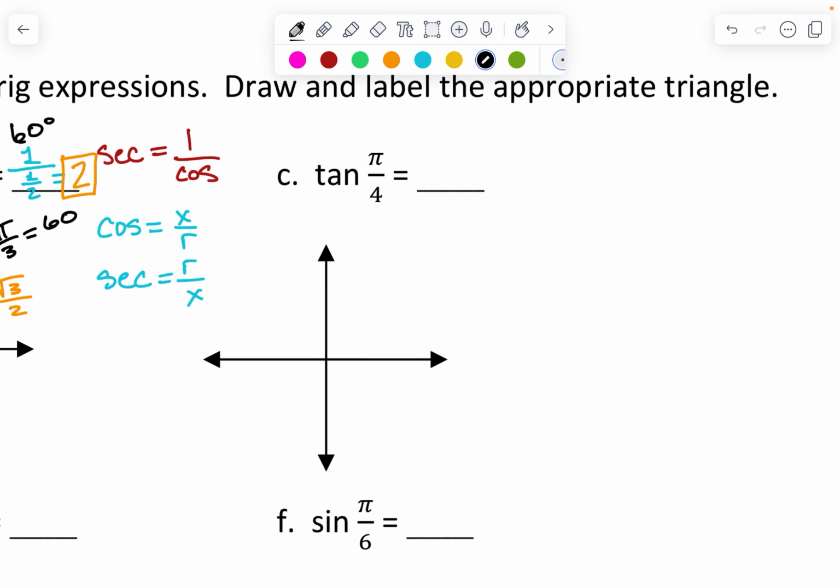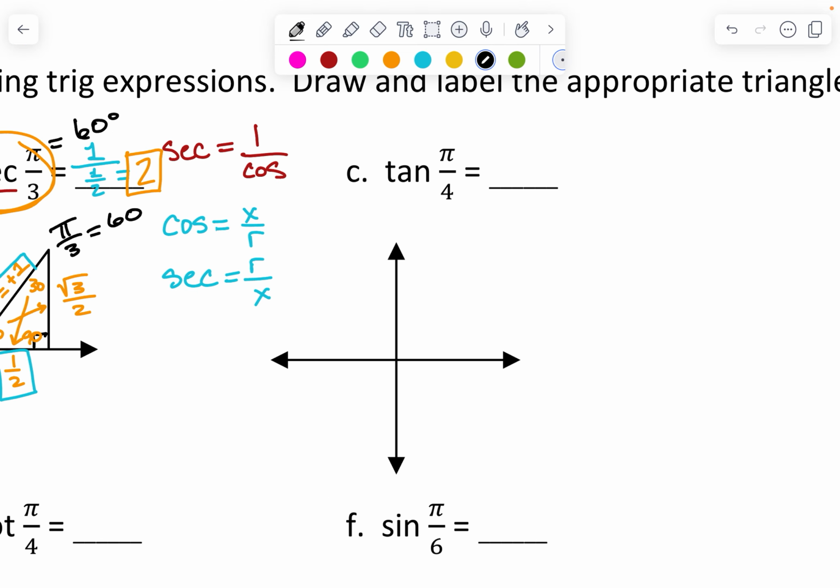Now, tangent of pi over 4. Again, if you're not sure where to start, you do your 0, you do your 4 pi over 4. You're like, okay, it's a fourth of the way there. If this is 4 of them and I'm just looking for one of them, that's going to put you right down the middle of quadrant number 1, pi over 4. And if it's right down the middle, that's 45 degrees.